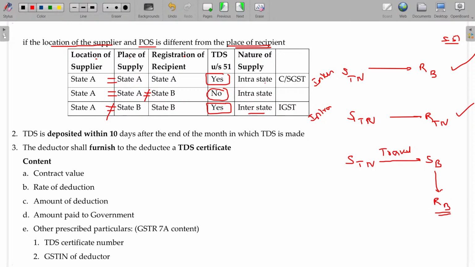So now the supply takes place at Bangalore. Okay, then automatically what happens? This is interstate.